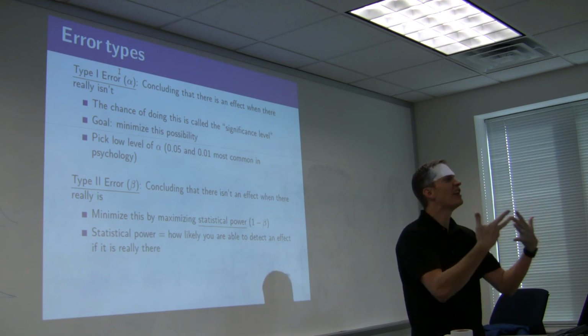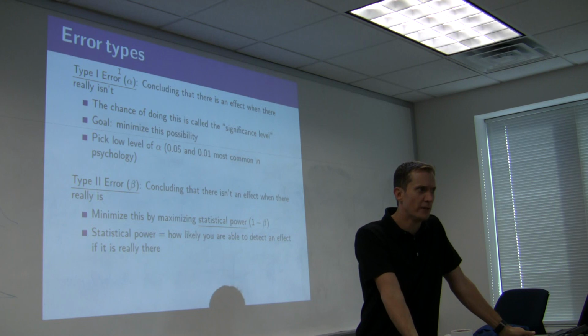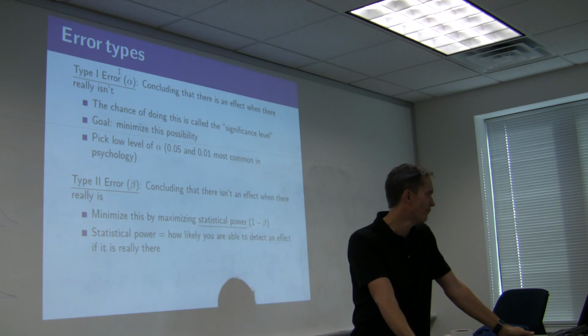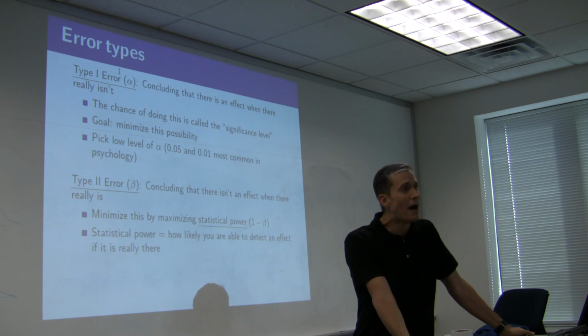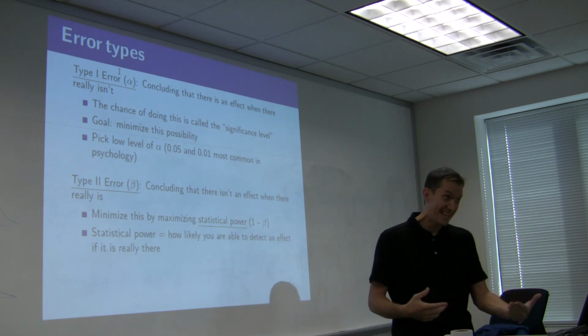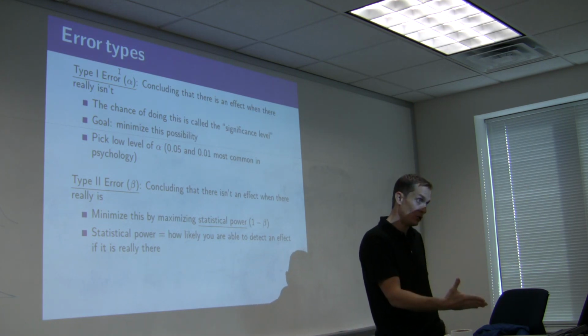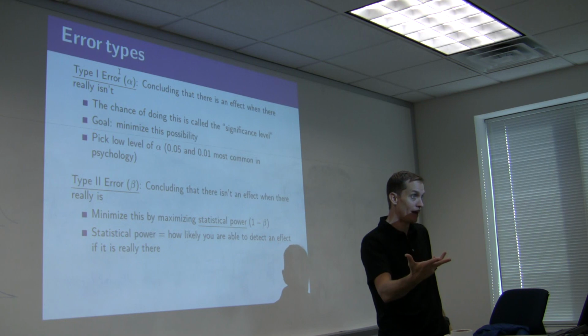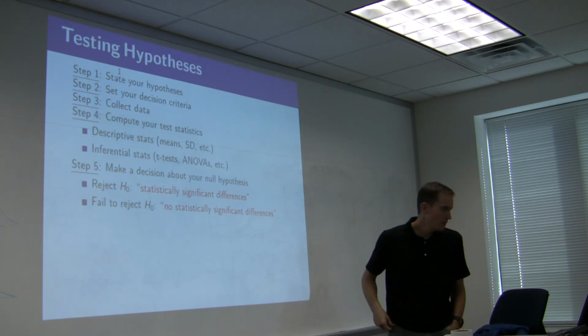We can live with a type 1 error rate of 5%, is what we say when we reject things at the 0.05 level. Type 2 error is related to something called statistical power. Basically, you want to have enough power in your experiment to detect the effect if it's really there. And so you minimize type 2 error by maximizing power. They're inversely related. All right?